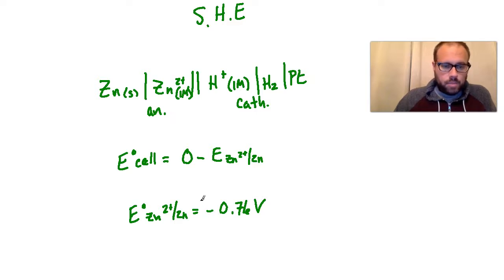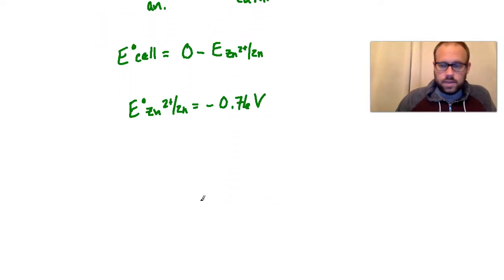All right, and then because of that, if we can figure that out, we can then figure out for copper. This is again relating back to the last video, if you remember what we had.